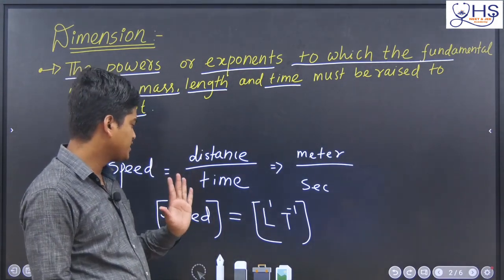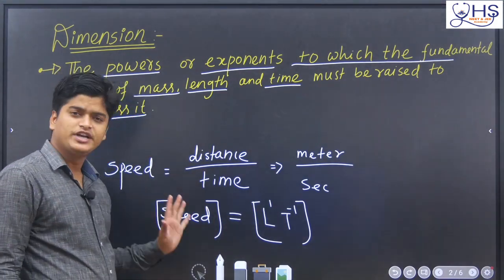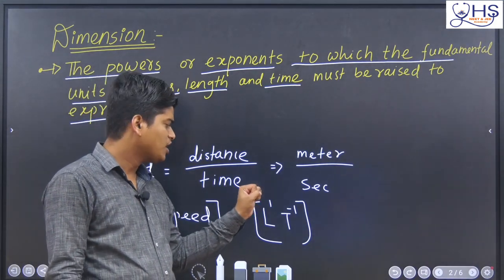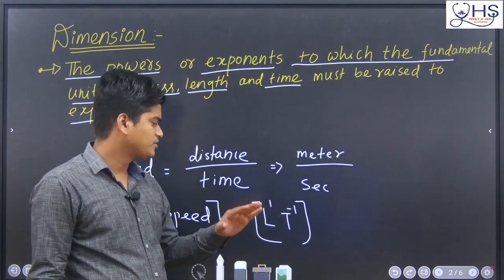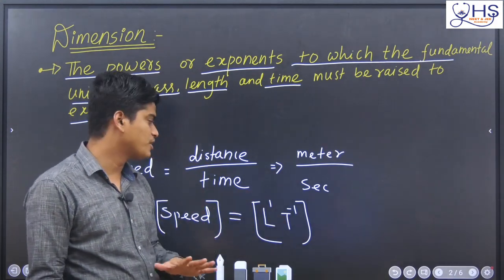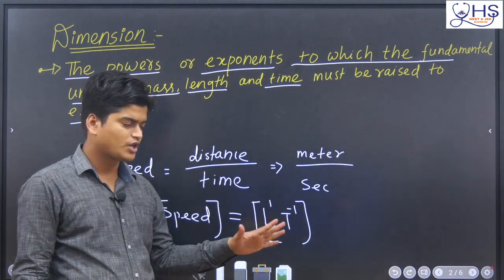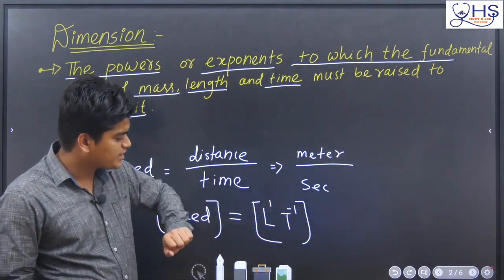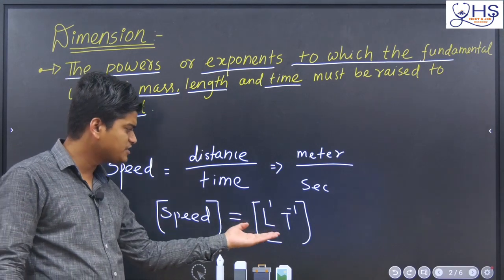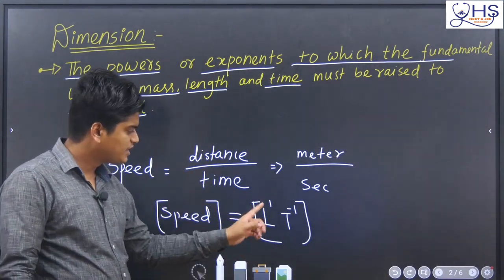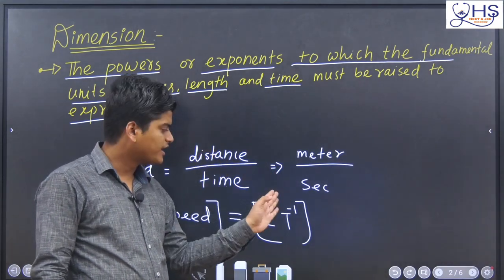That means you need to express any physical quantity in terms of some basic fundamental quantities. Normally we consider the 7 fundamental or SI base quantities. This expression is telling us that in speed, length occurs one time and time occurs minus 1 time.